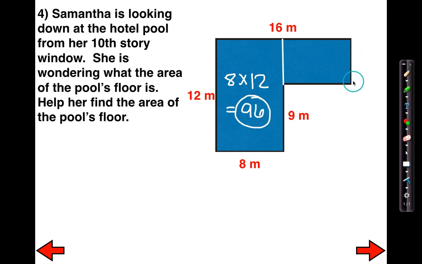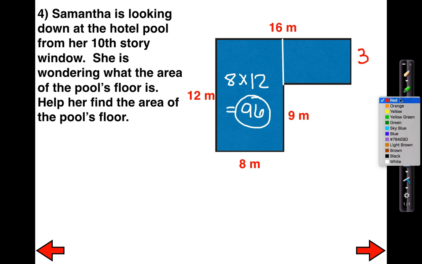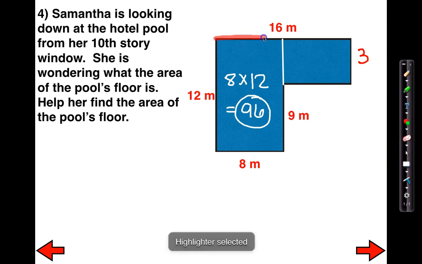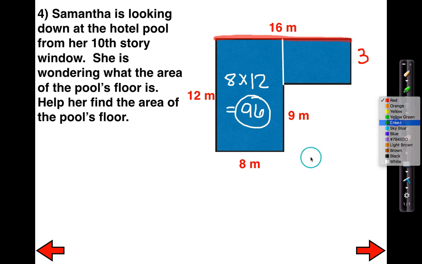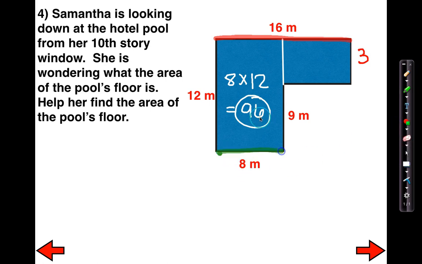But then I still need to find the area of this shape here. Well, hopefully you remember this is 3. So how do I find this missing length here? Well, I understand this full length is 16. And I know this length right here is 8, which makes this length here 8. So if this is 8, this length here must be 8 as well.